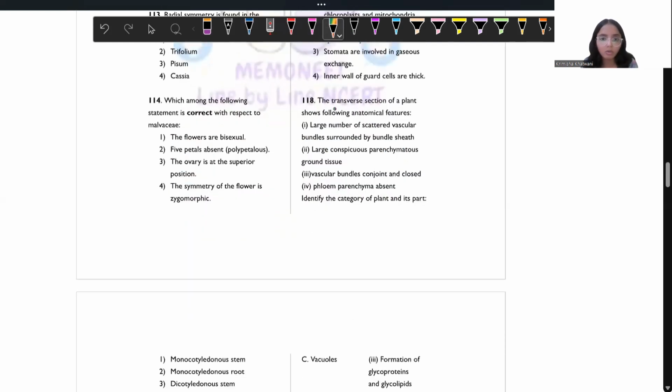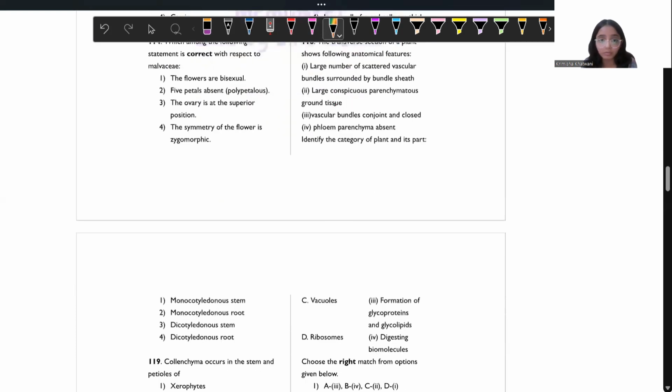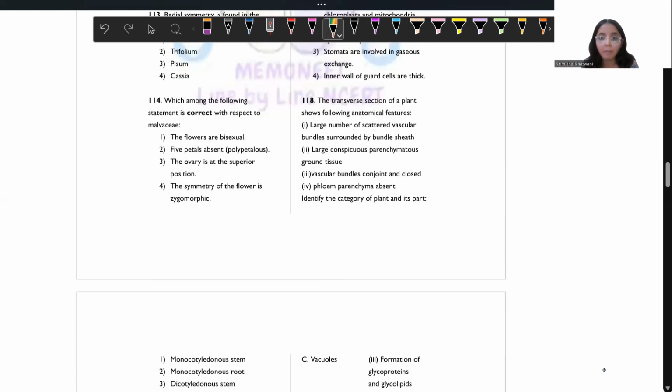So option is 4. Now coming to question 118. It says transverse section of plant shows following anatomical features. Large number of scattered vascular bundles surrounded by bundle sheath. Large conspicuous parenchymatous ground tissue.